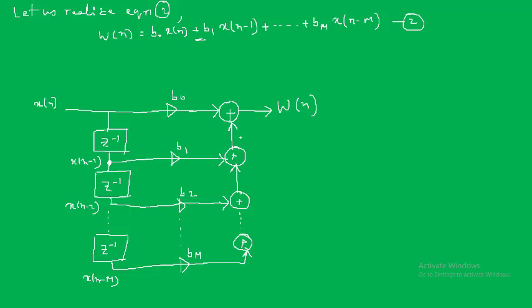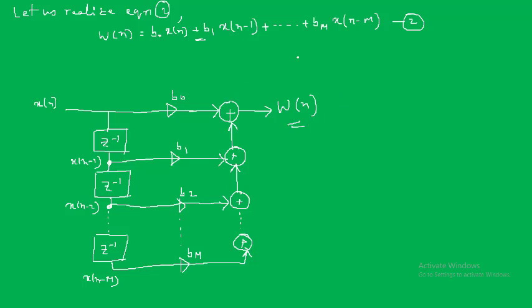Then another delay element, where we get x of n minus 2 with coefficient b2, and we add up, continuing up to x of n minus m. So these many delay elements and these many multipliers we have to use. Finally we add them all up, and as the output we get w of n.